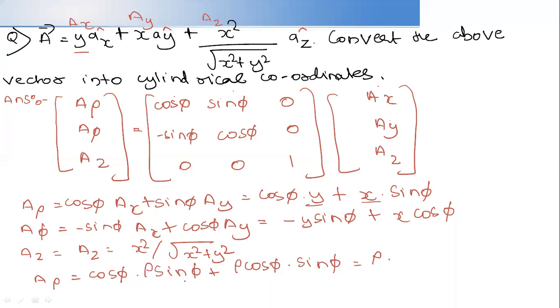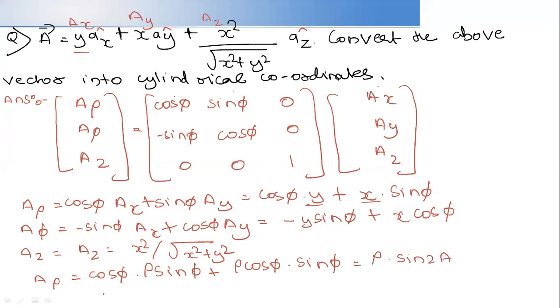Cos A sin A plus sin A cos A, what is that? What is cos A sin A plus sin A cos A? Sin 2A. So this is our a rho coordinate.